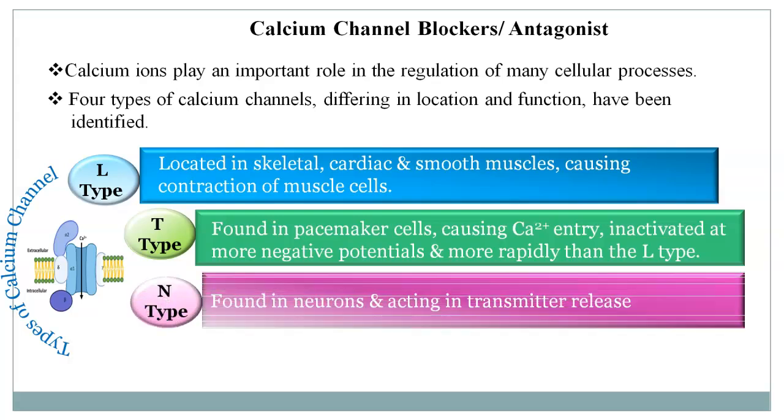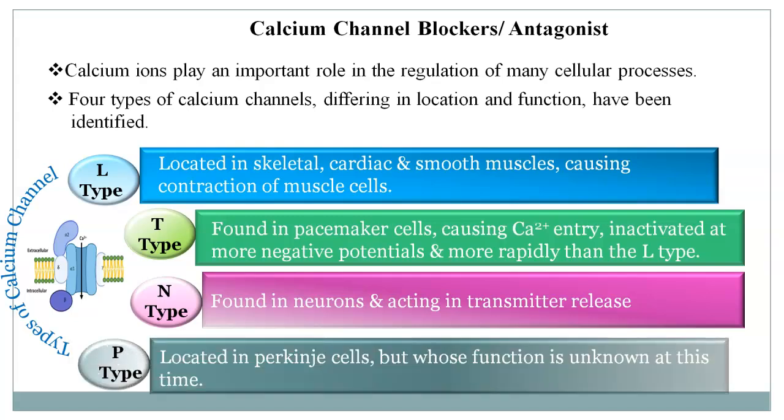Next is the N type, which is found in neurons and acts in transmitter release. And the last one is the P type, which is located in Purkinje cells but whose function is unknown at this time. All these types of calcium channels are voltage gated channels.